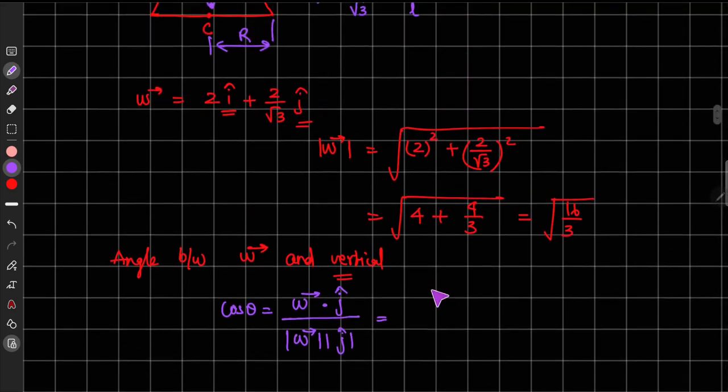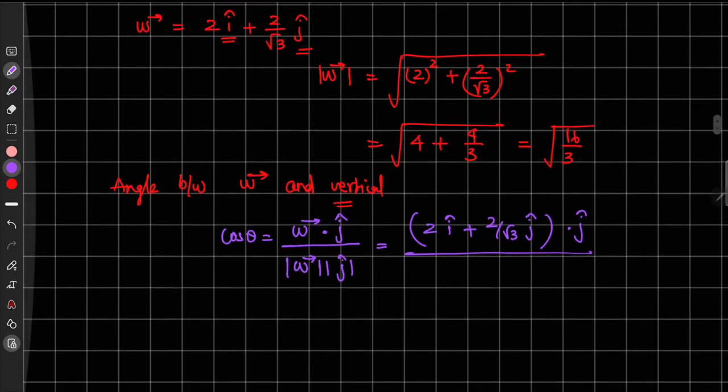Omega vector that we have found out is 2 i cap plus 2 by root 3 j cap, dot product with j cap, whole divided by the magnitude of the angular velocity vector, which is the square root of 16 by 3, and the magnitude of j cap is 1.